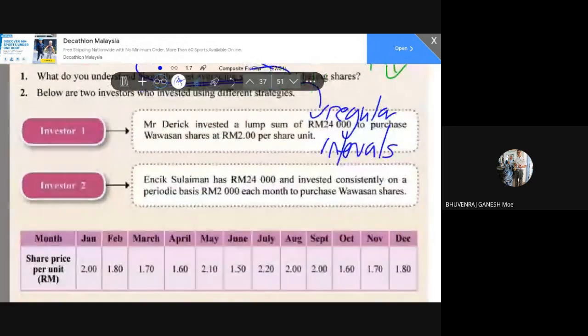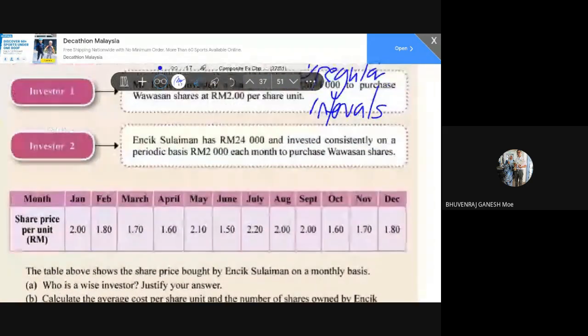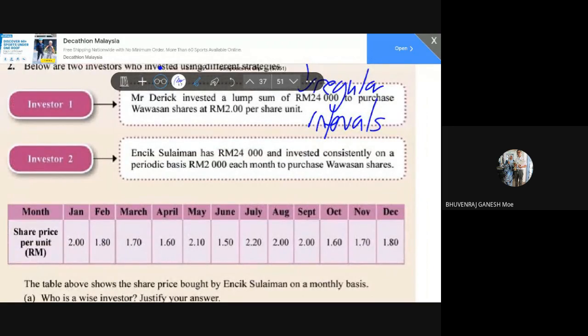So now it's Bhuven's turn. So let me go down for you. Part A first. This one also, justify your answer. It depends which one you want to choose, investor 1 or 2. But I think this one has only one answer based on the concept we learned.